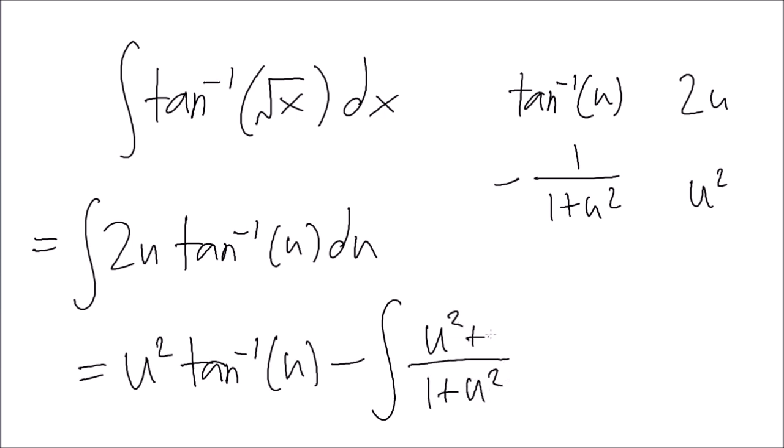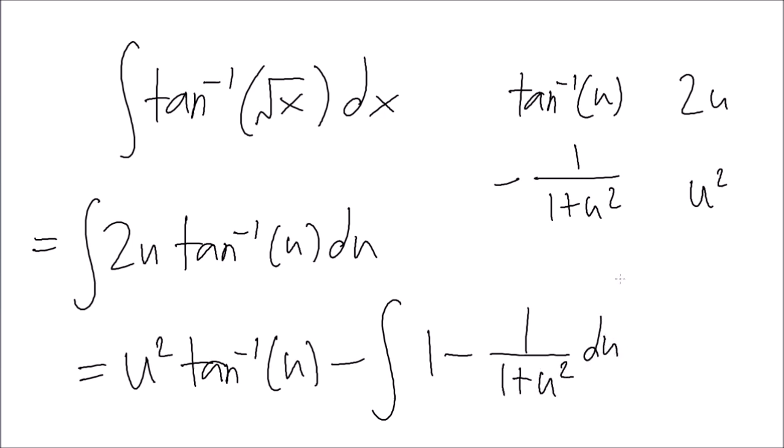So I would do plus 1 minus 1 so that this cancels out, right? So then it will give us 1 minus 1 over 1 plus u squared. Now it's a much easier integral.